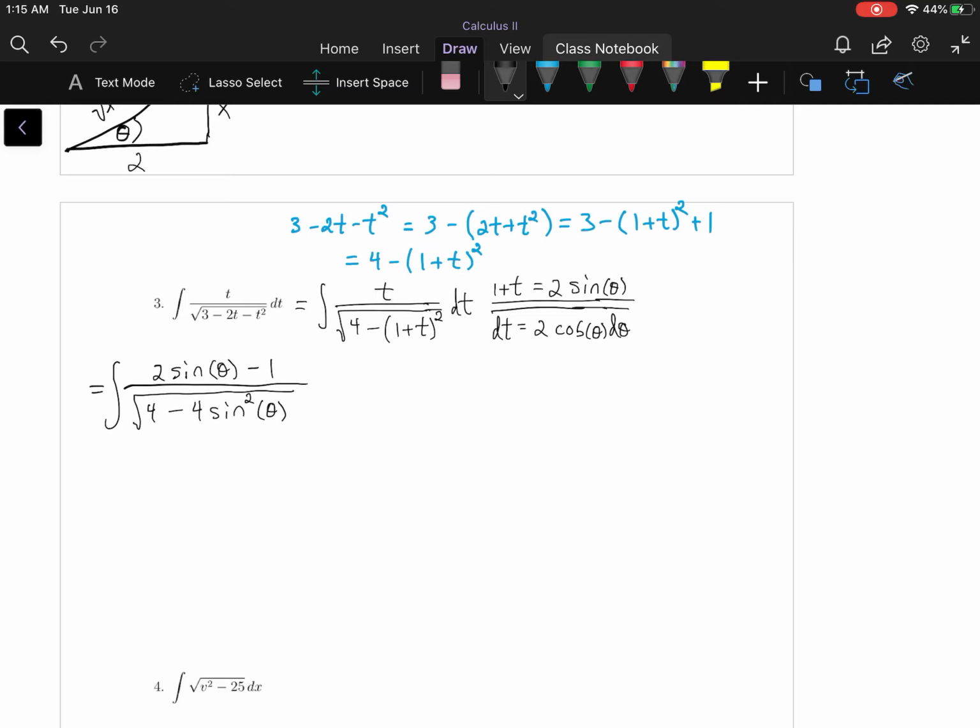And dt is 2 cosine of theta d theta. And so now I need to start simplifying wherever I can. So on top, we have a 2 sine of theta minus 1. This is multiplied by 2 cosine theta.